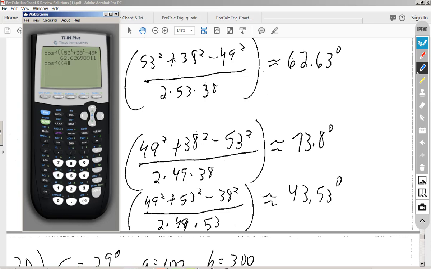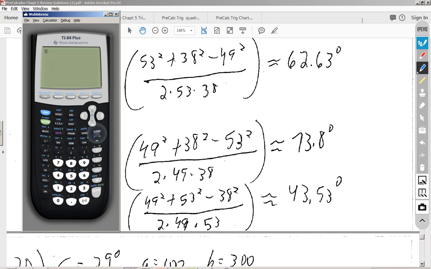So I got 49 squared, and then plus 38 squared, minus 53 squared, end parenthesis, then divide, and then you'll need parentheses around 2 times 49 times 38. Then you'll need a parenthesis and then another parenthesis. Hit enter, and you'll get that 73.8. So again, repeat the same process with the last one.